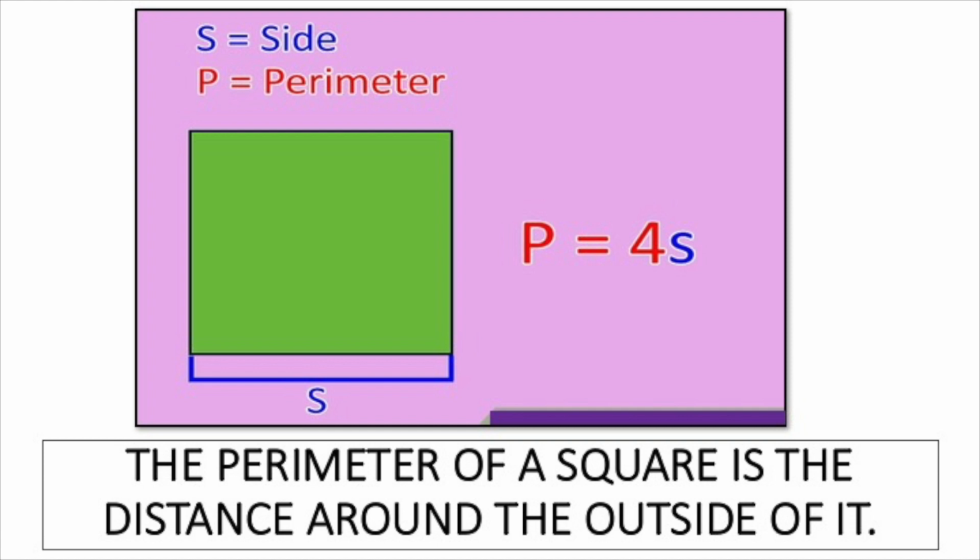And then we get the perimeter. Because with a square, all the sides are the same. So we have the calculation, perimeter equals 4 sides. You see, 1, 2, 3, 4. 4 sides gives us the perimeter.